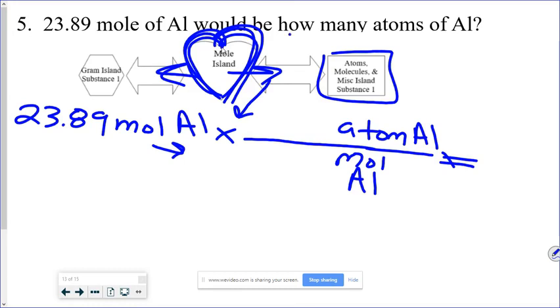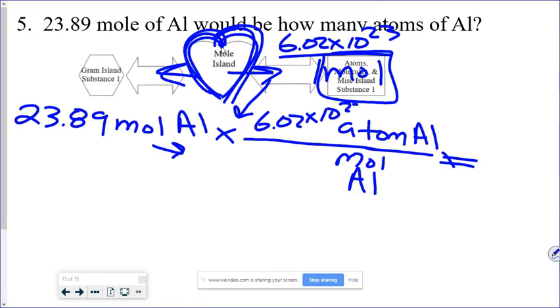This bridge, if you look on your cover, is 6.02 times 10 to the 23rd of something over 1 mole. So that's 6.02 times 10 to the 23rd atoms is 1 mole. In some problems, the 1 mole is on top, and the 6.02 times 10 to the 23rd is on the bottom. Just depends on which way you are going.